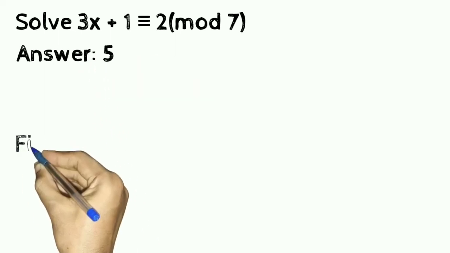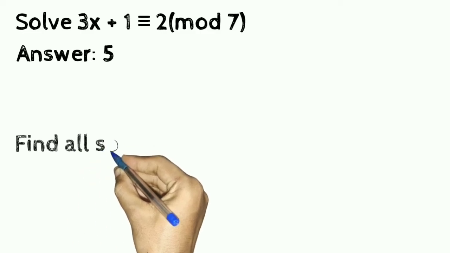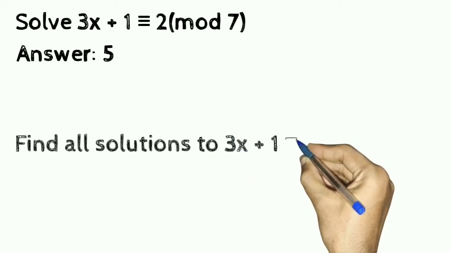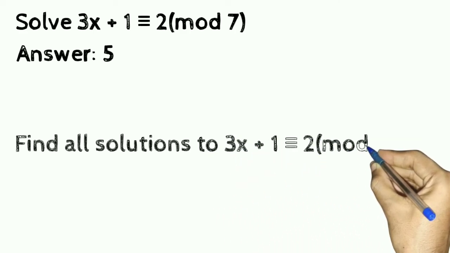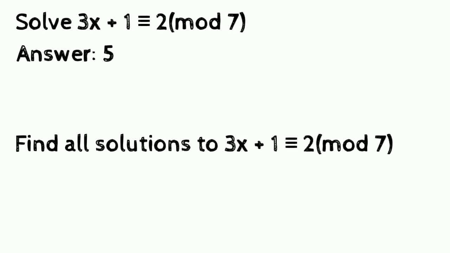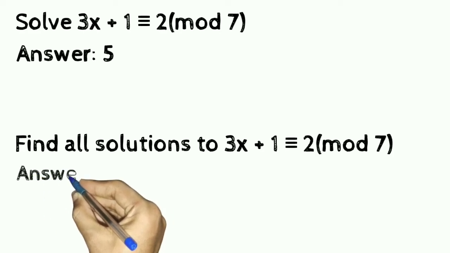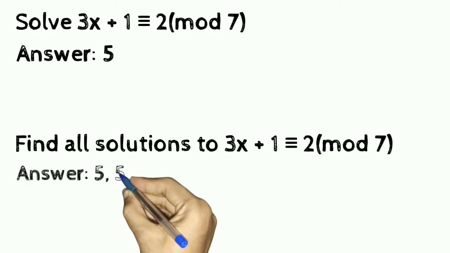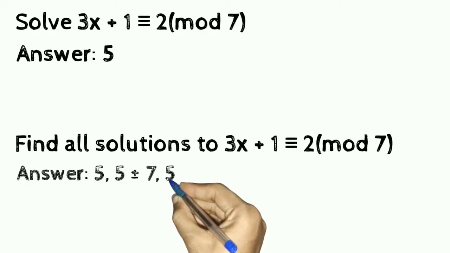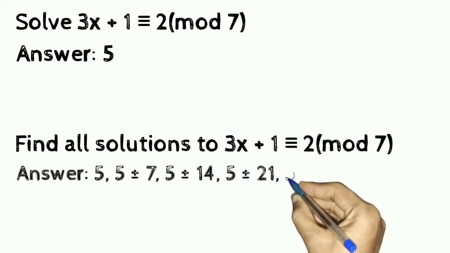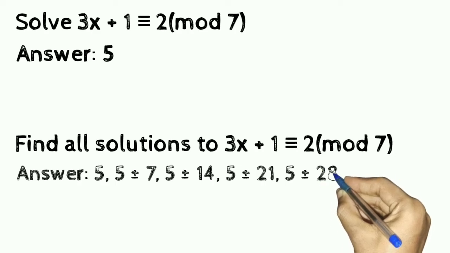But if the problem is find all solutions to 3x plus 1 and 2 are congruent modulo 7, your answer should be the set of numbers 5, 5 plus or minus 7, 5 plus or minus 14, 5 plus or minus 21, 5 plus or minus 28, and so on. Let's have another example.